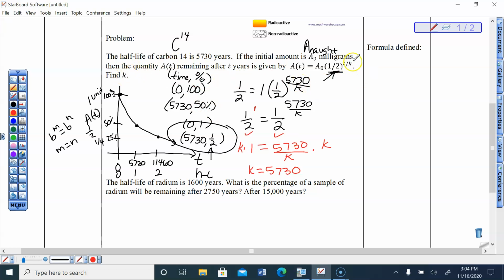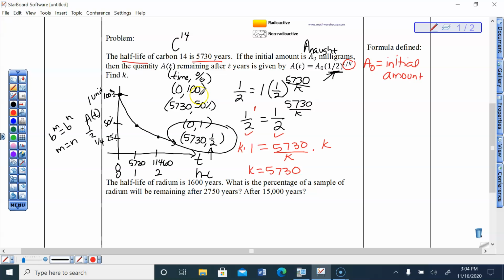Now what does K represent? Well, if you think about it, K represents half-life. So let's define everything here. We have A naught. This is your initial amount. I will tell you that sometimes you're not given an initial amount, as in this case. So you could choose the initial amount as a percent.